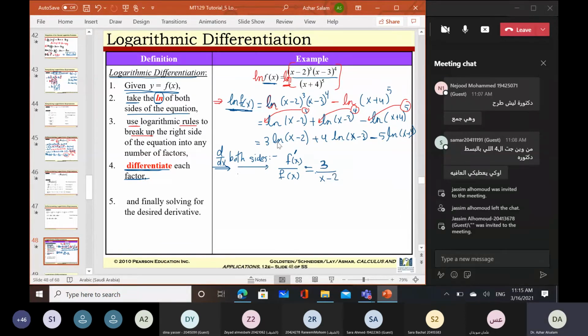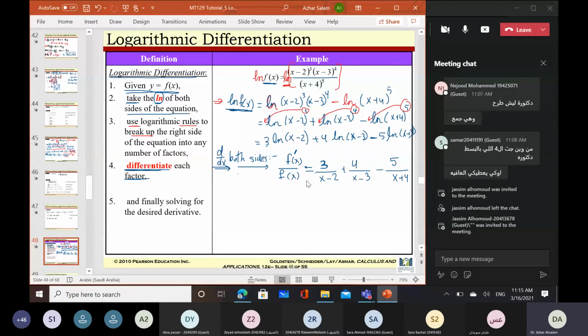This 3 is the same as this 3. Then a plus. Also here the 4 without change. The derivative of ln is the reciprocal of this, which is 4 over x minus 3, minus 5, by the same way, divided by x plus 4. Okay, this is the derivative.